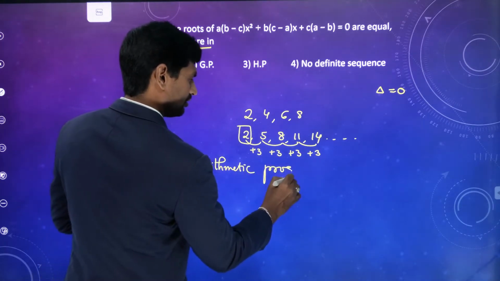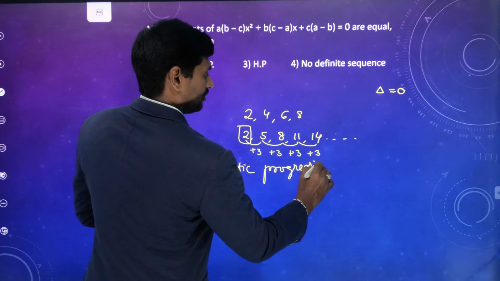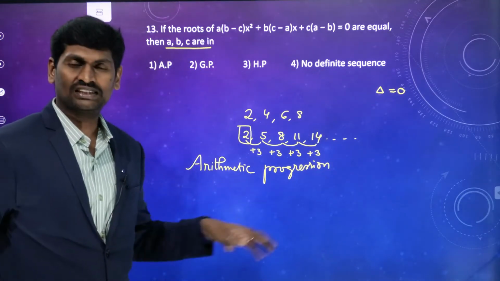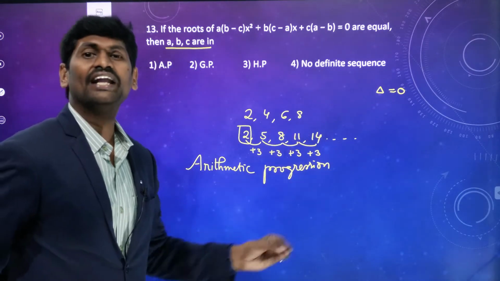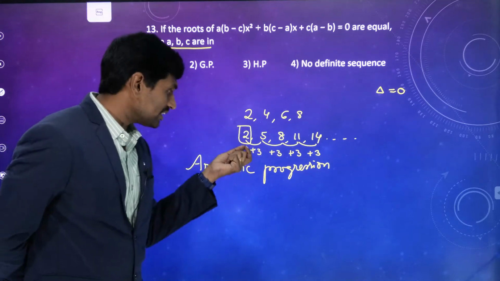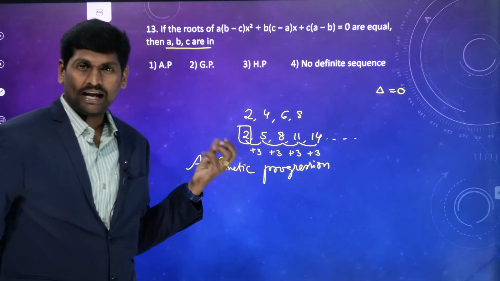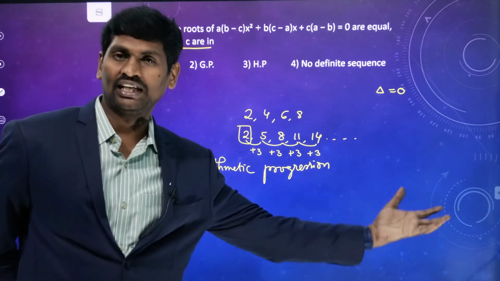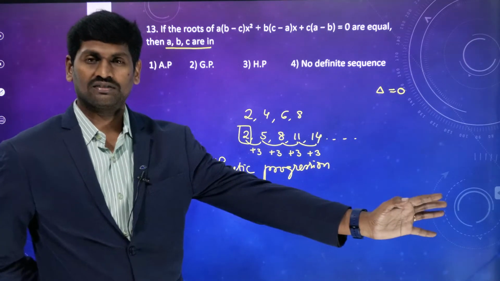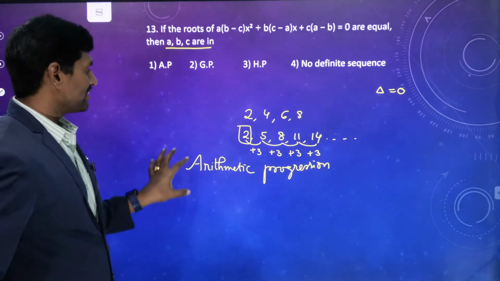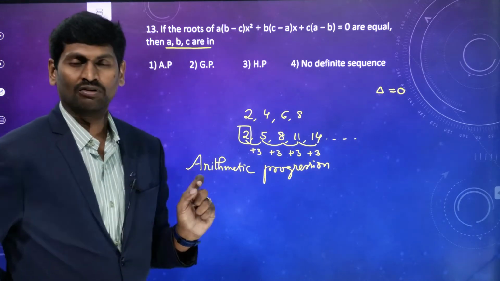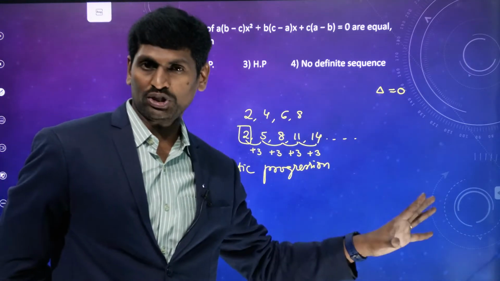That means this is a list of numbers formed by adding a fixed number. Here what is the fixed number? 3. I am adding 3, 3, 3, 3 continuously. It forms a pattern, and that type of pattern is called arithmetic progression. We can add a fixed number whether it is positive or negative.